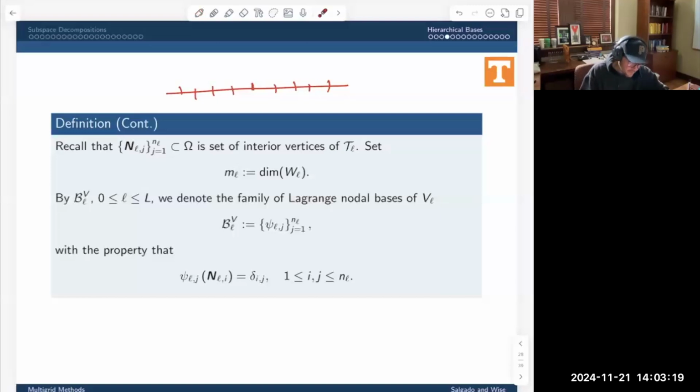So these nodes are stored up in this nodal set. Each level has a different nodal set, but notice, let's color these. So there's the level 0 node.